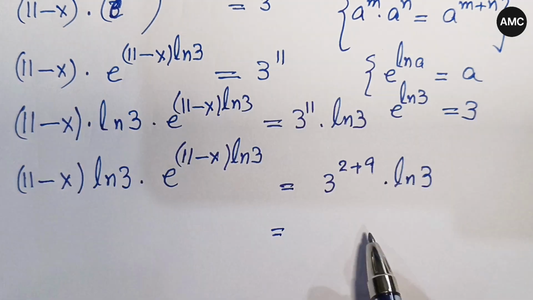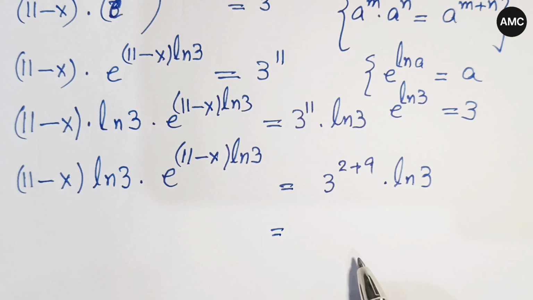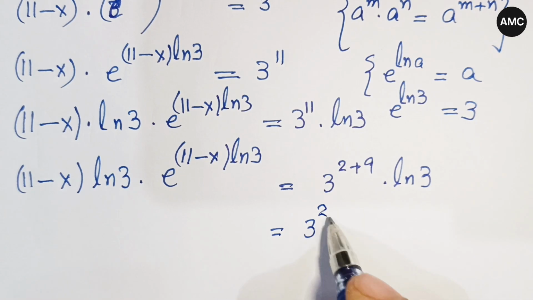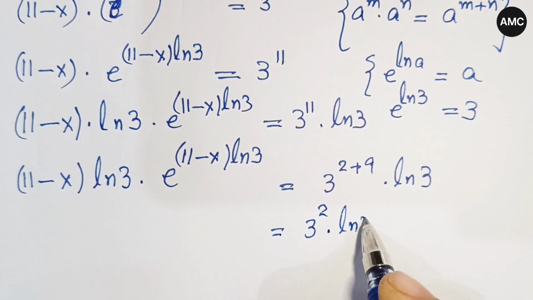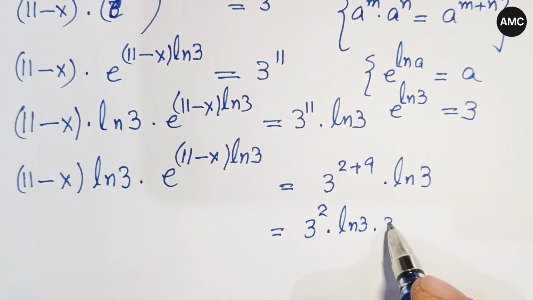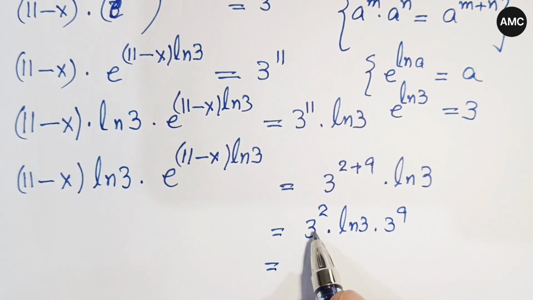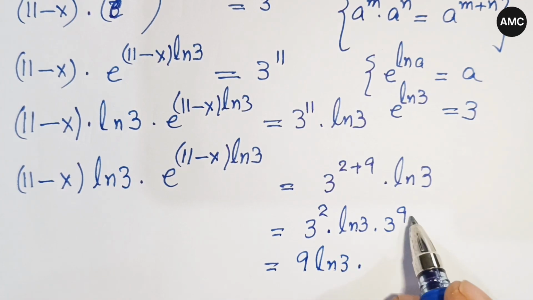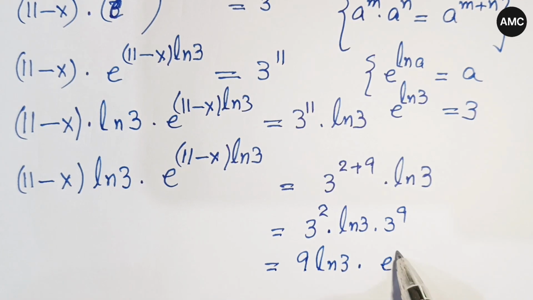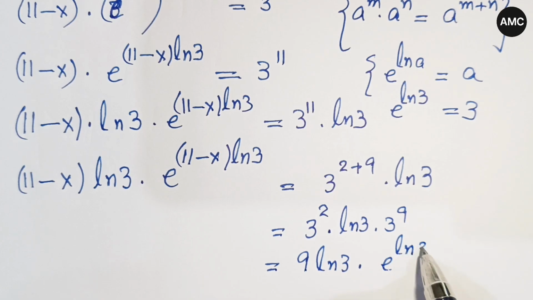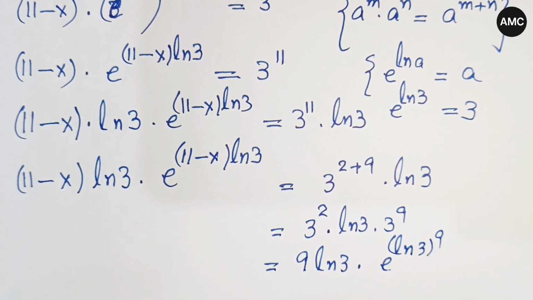Now if we solve the right hand side of this equation, this will be 3 squared times natural log of 3, and here we have 3 to the power 9. Next step, this 3 squared is 9 natural log of 3, and this 3 to the power 9 can be written as e to the power natural log of 3 whole to the power 9.